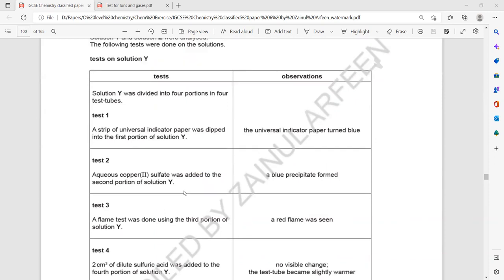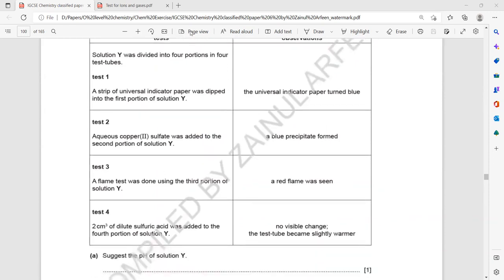And when we add dilute sulfuric acid, there is no visible change, and the test tube becomes slightly warmer. So it means an exothermic reaction. How do we know it's a hydroxide? As you can see, a universal indicator was used and it's a blue color. If it gives blue or violet, this indicates that it's an alkali.